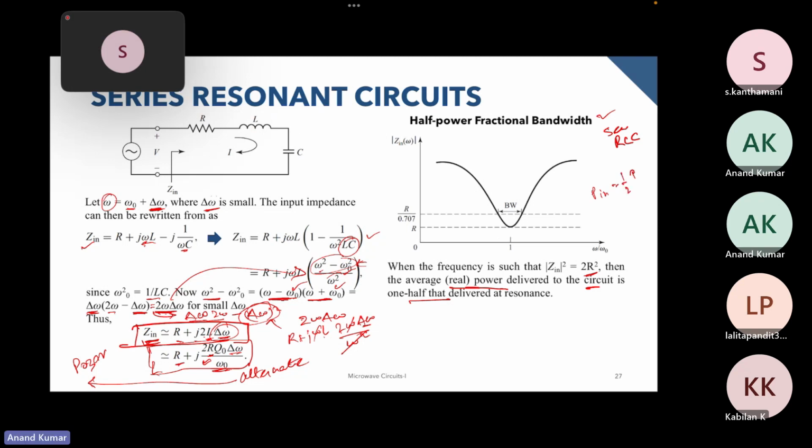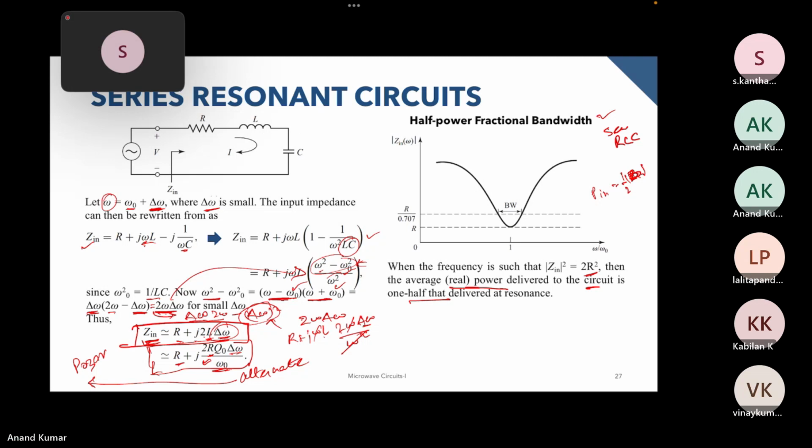I think the power is equal to something half, V square by R, right? So maybe I'll write this over here. Pin is equal to V square by Zin, right?